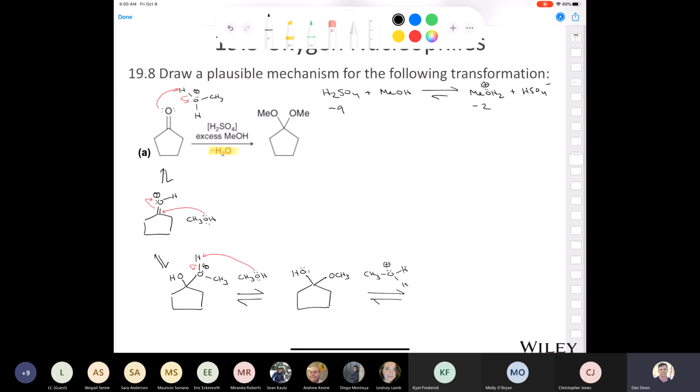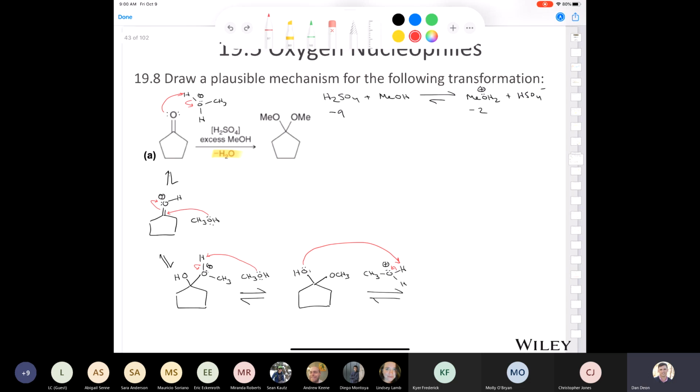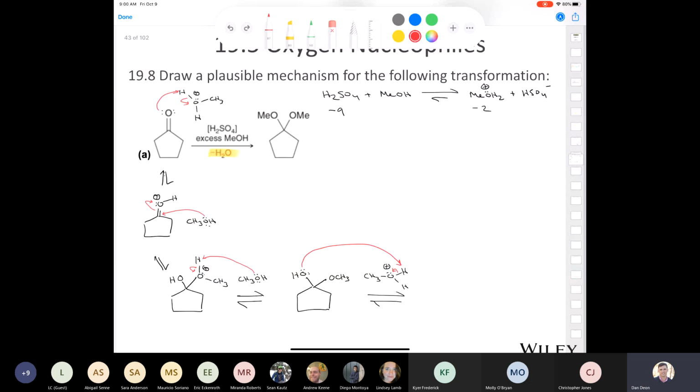Put in the lone pairs on my oxygen. Do this proton transfer like that. Now I've converted that hydroxyl into a good leaving group. Let's draw that. It'll look like this. I'll just condense it like this. And then I have my OCH3 like that.